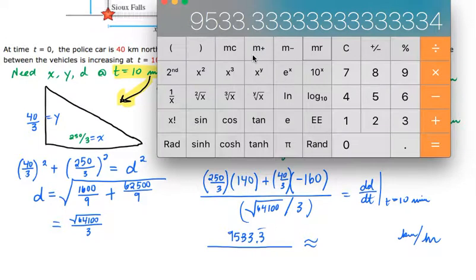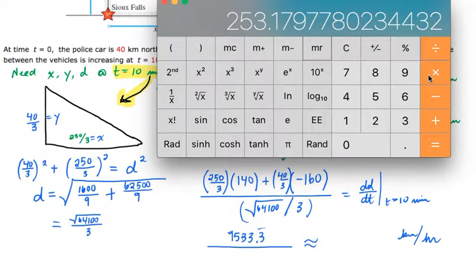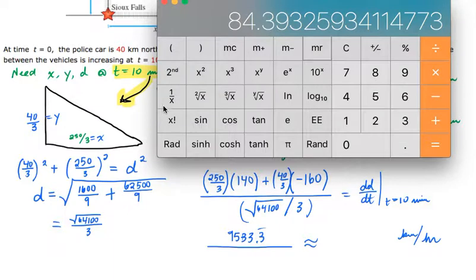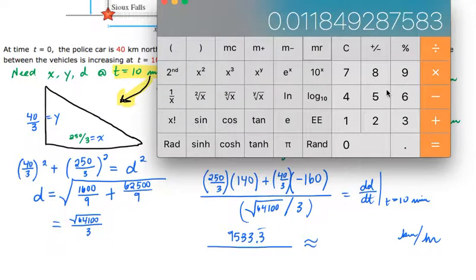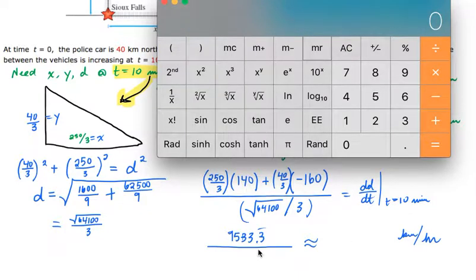Now let's do the denominator. I'm going to store that in my memory though, 9533.3 repeating. So let's do 64,100. Take the square root and divide that by 3. That all goes in my denominator there. Times 95. Nope, that didn't work. Okay, so we have 64,100.